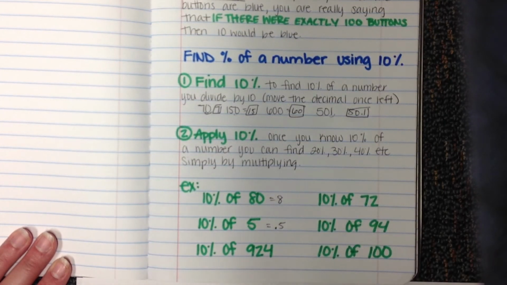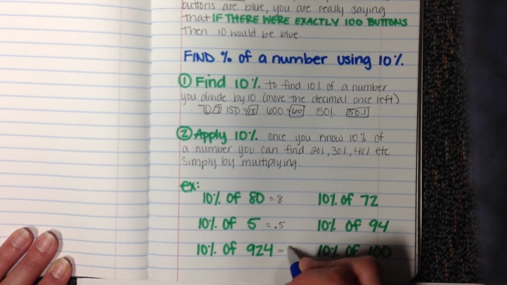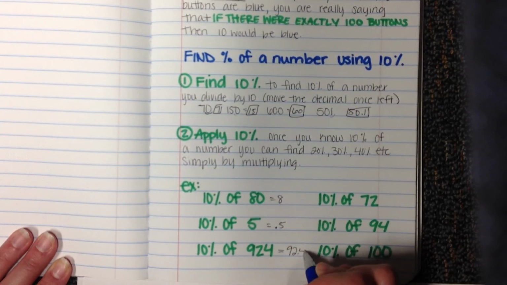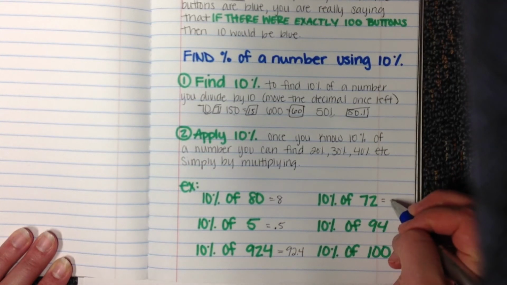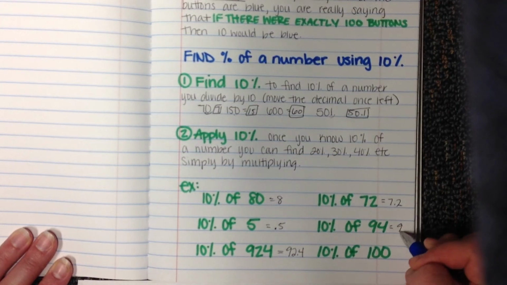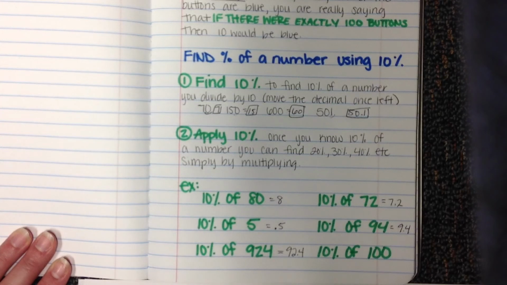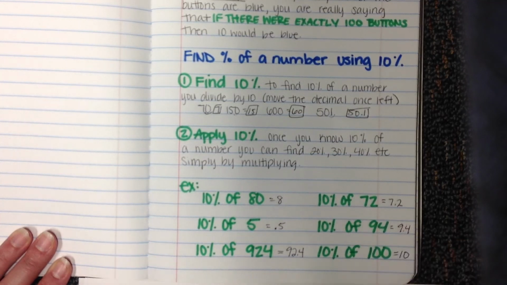I moved my decimal once. 10% of 924 is 92.4. 10% of 72 is 7.2. 10% of 94 is 9.4. And 10% of 100, there's that perfect world. We know that 10% of 100 is, in fact, 10.